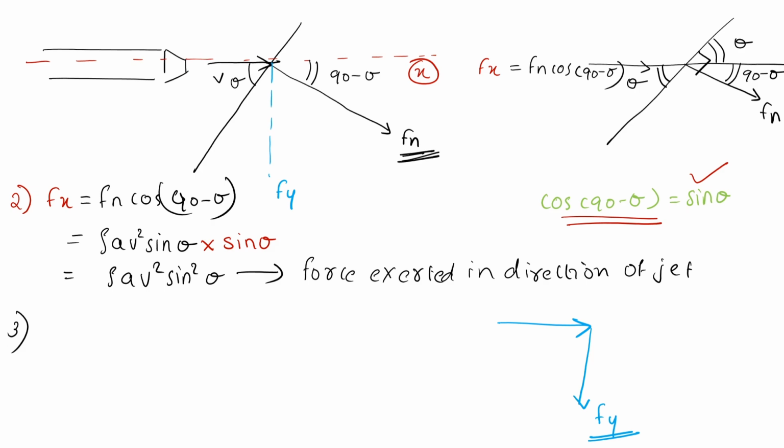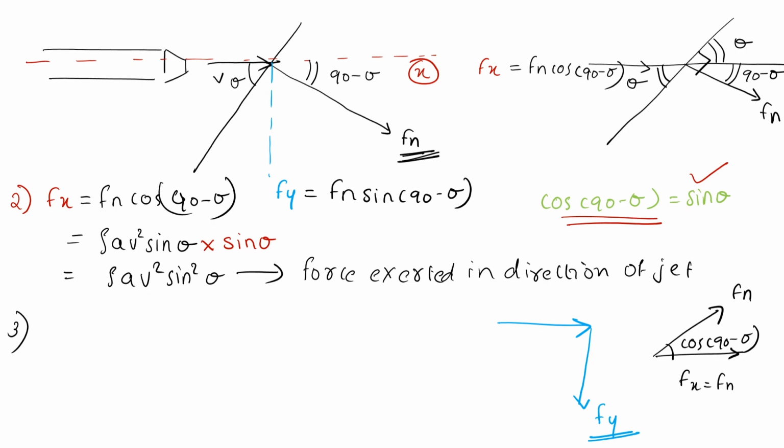Fy will be Fn sin(90 minus theta). If Fn makes an angle, its horizontal component is Fn cos(90 minus theta), and its vertical component is Fn sin(90 minus theta).